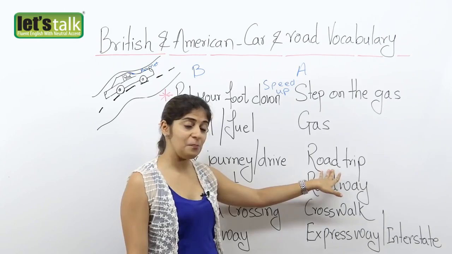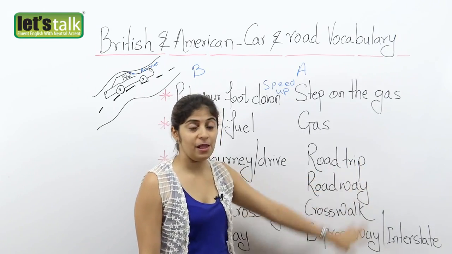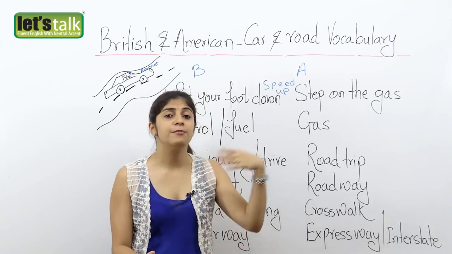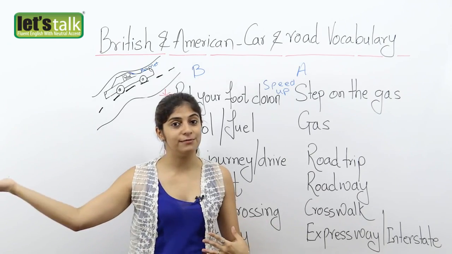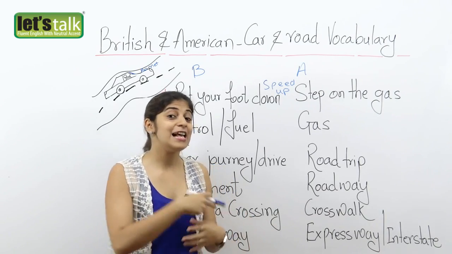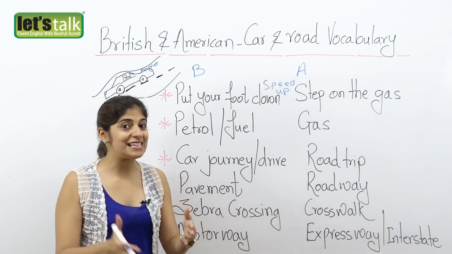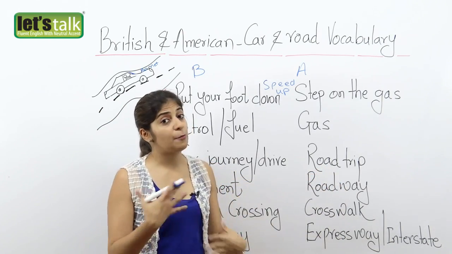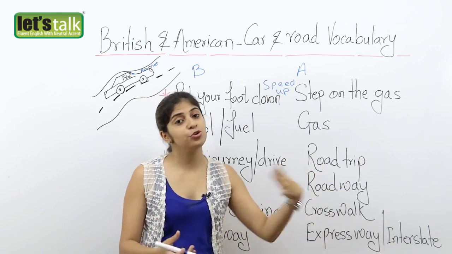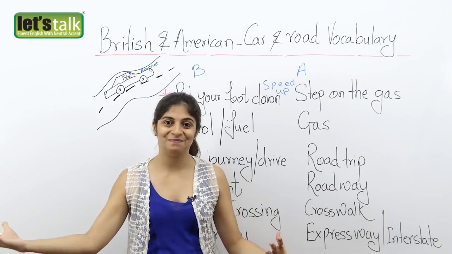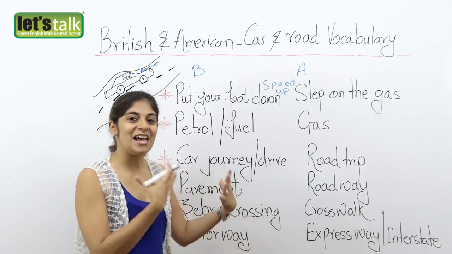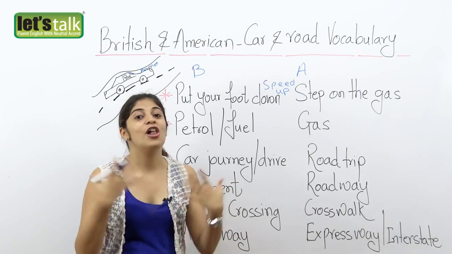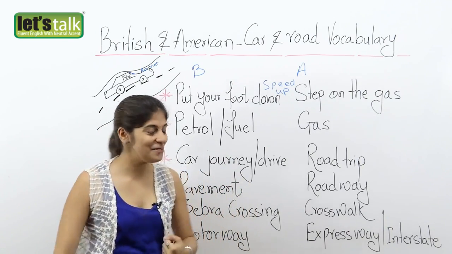Whereas in America, they say road trip, like "we road tripped from New Jersey to Hollywood." This definitely is a long drive, but they say that they road tripped, or they went on a road trip from New Jersey to Hollywood. So basically, it means that they went for a long drive, right?